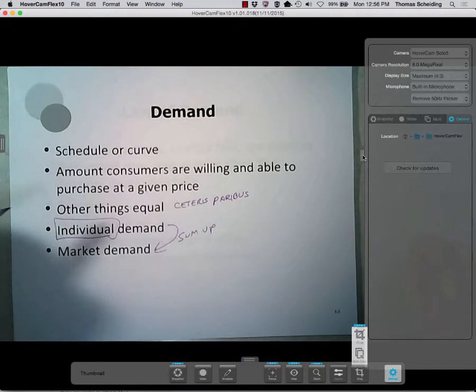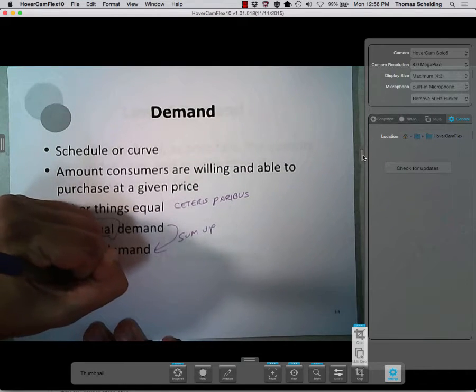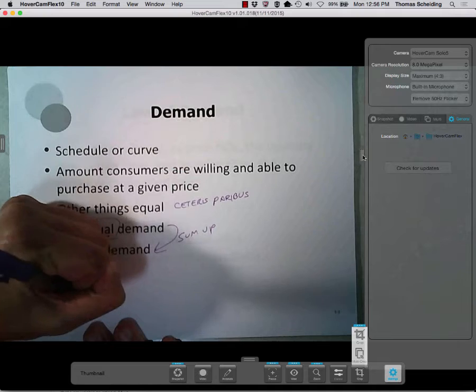What we're seeing here in this demand relationship is this idea of how consumers, depending on the price, determine how much they're going to buy. Looking ahead here, here's what we're saying. Here's my demand.